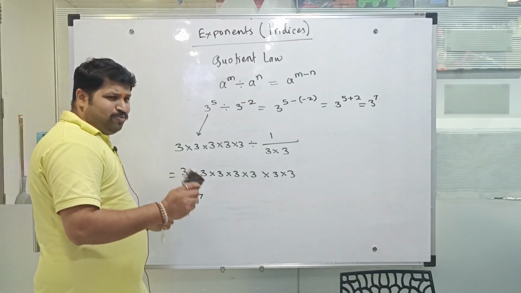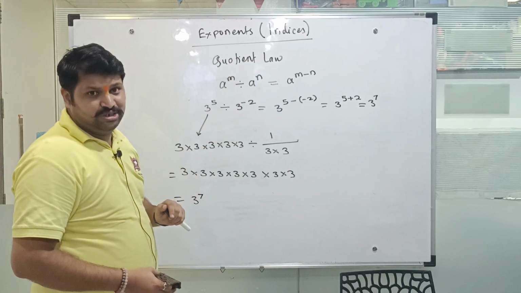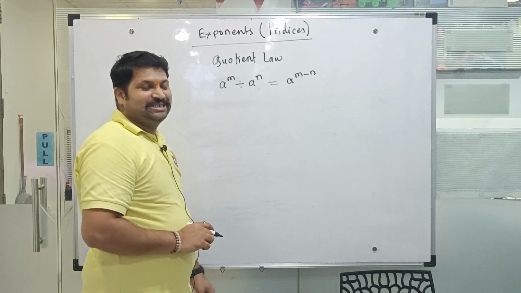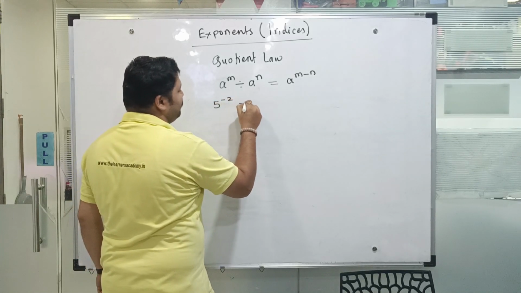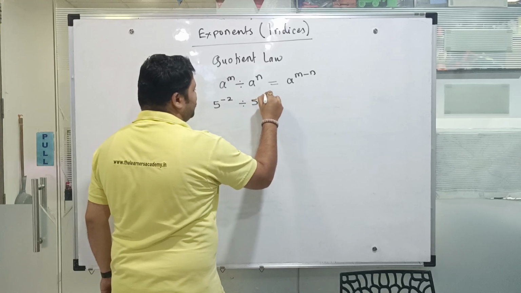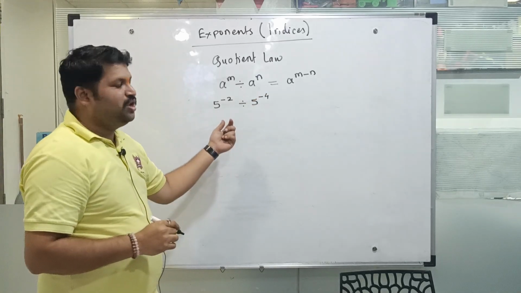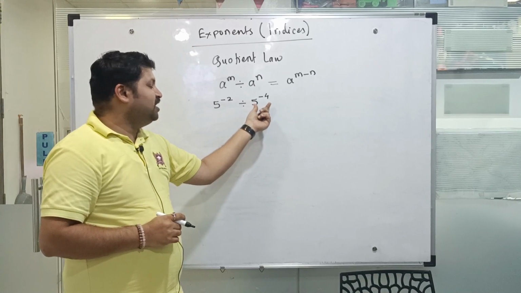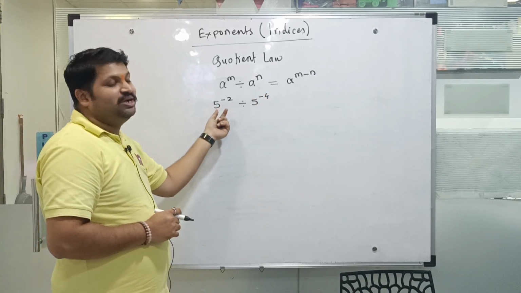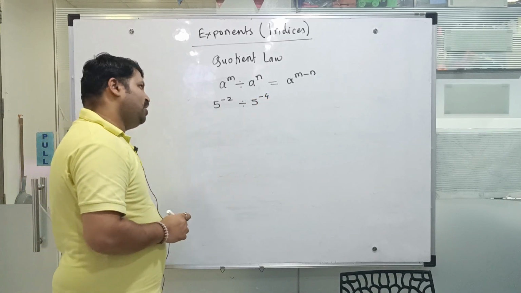So let's see both the conditions and let's see what happens. Okay. Now let us consider an example, 5 to the power of minus 2 divided by 5 to the power of minus 4. So here the index of the denominator is smaller than the index of the numerator.